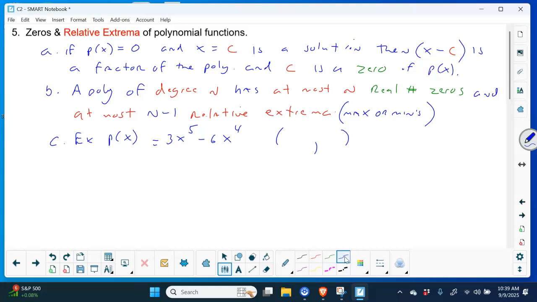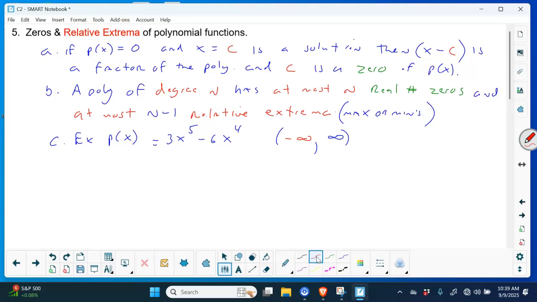So we're going to end up to the right going positive or up, positive infinity. Now to get the left, look at the exponent. It's an odd exponent, a 5. So it's going to be opposite. So we know we're negative infinity, infinity on our end behavior, right? We are a down, up.